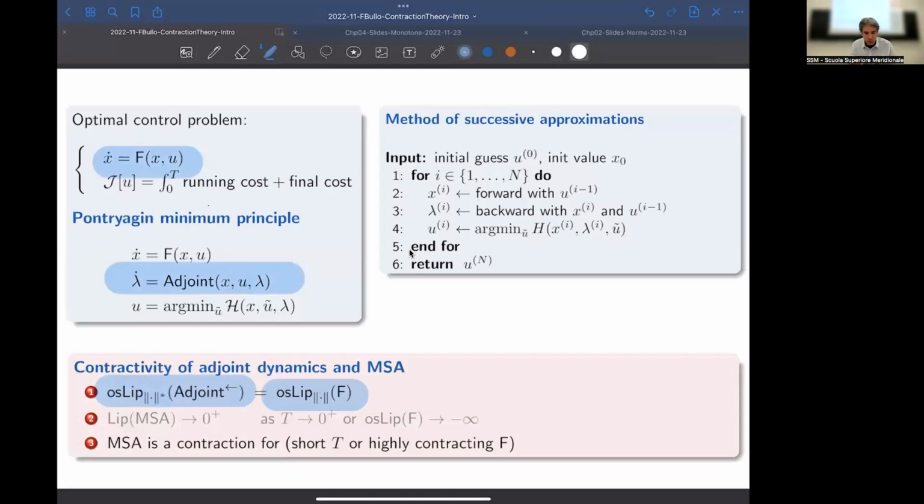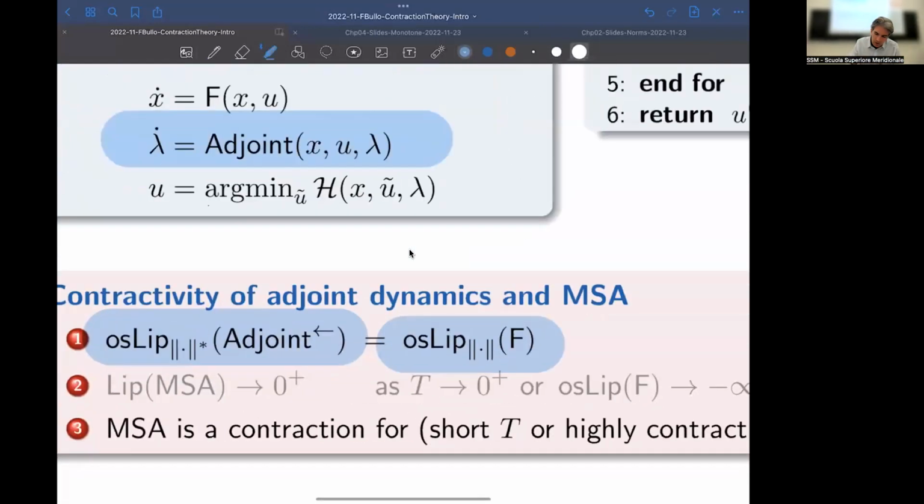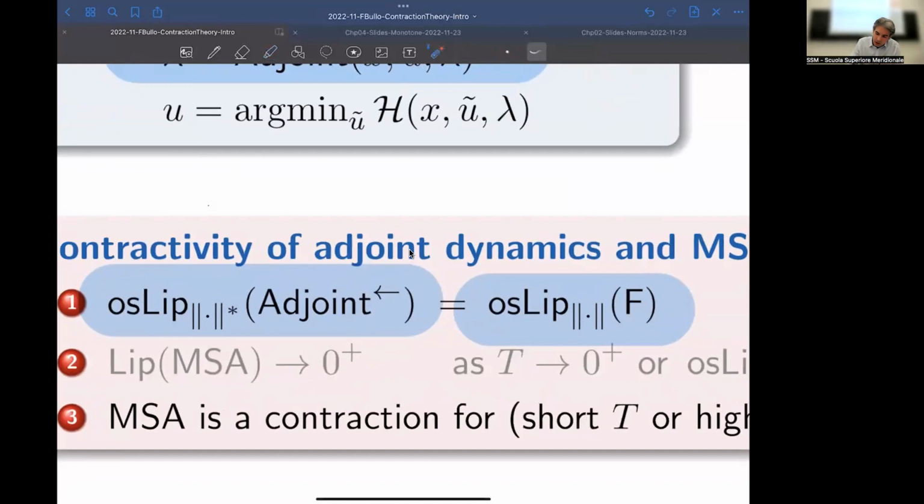2 caveats, just to be clear. Let me enlarge this and explain the symbols. If you're contracting with respect to a given norm, the adjoint dynamics is contracting with respect to the dual norm. Go back and study matrix theory, linear algebra: if you have a vector space and there's a norm, there's an automatic dual norm on the dual space.